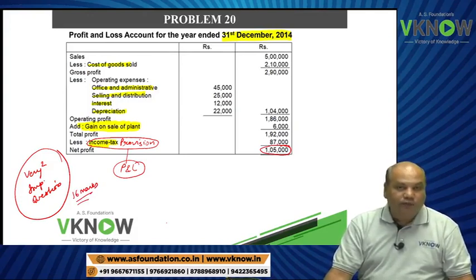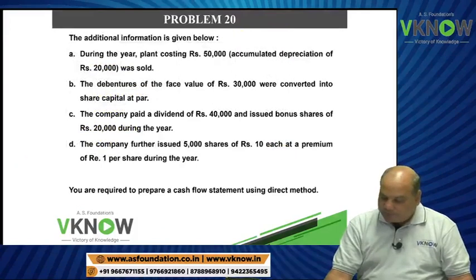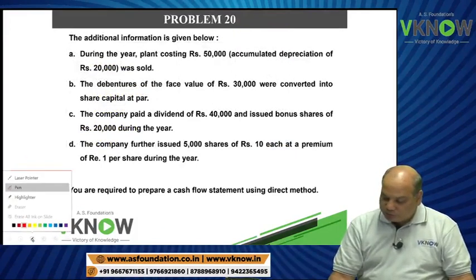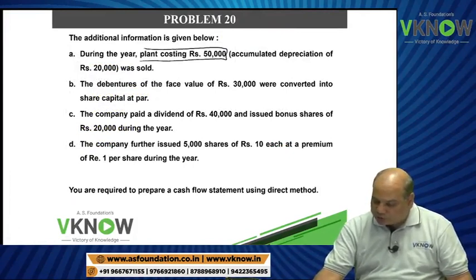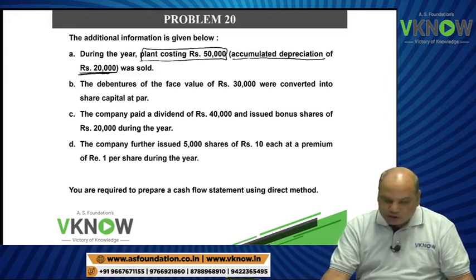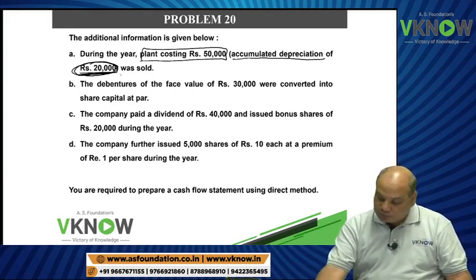The additional information is given below. During the year, plant costing rupees 50,000, cost of the plant 50,000, accumulated depreciation 20,000, was sold.